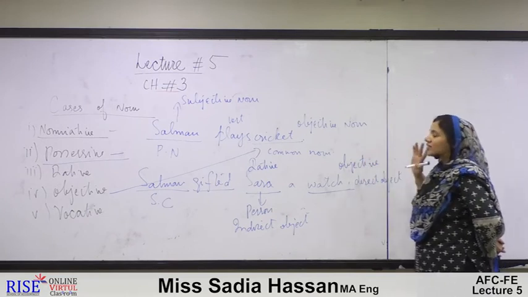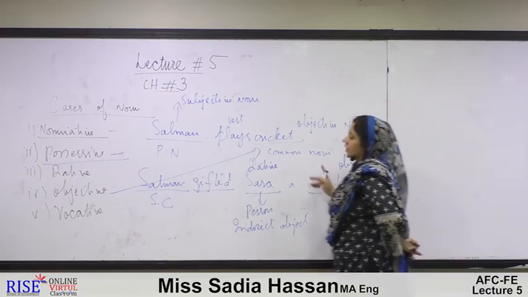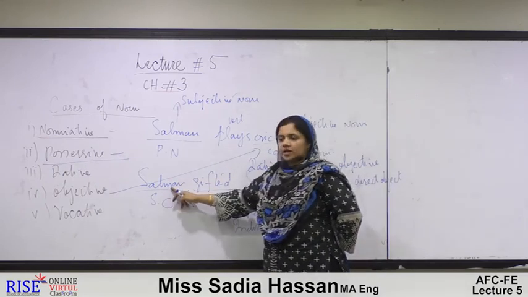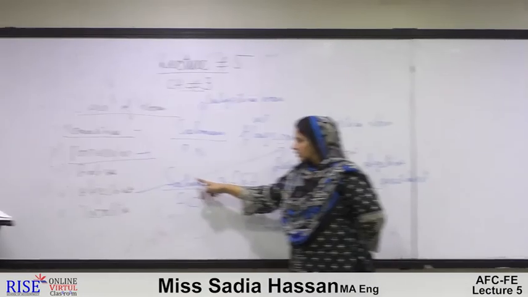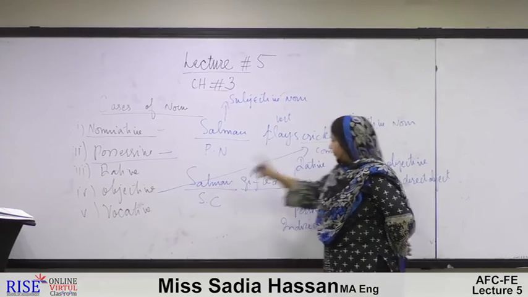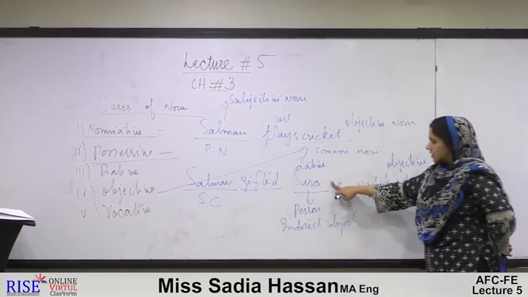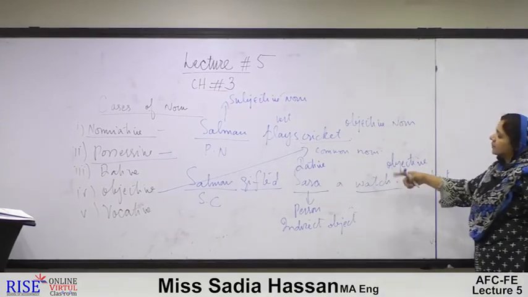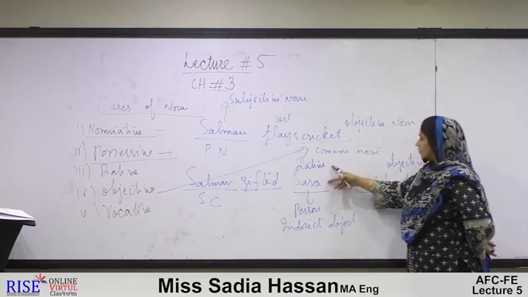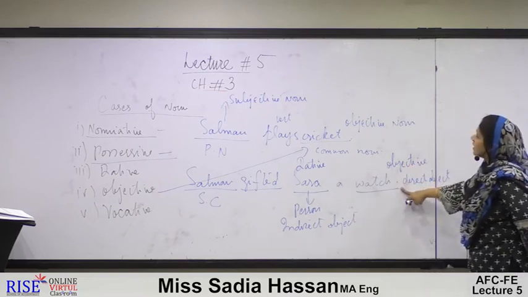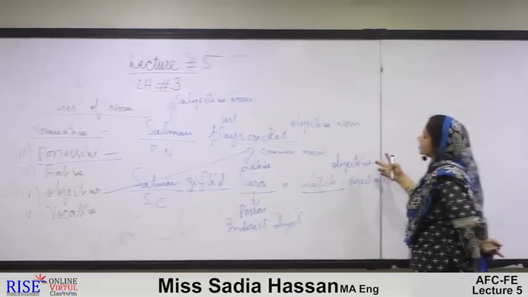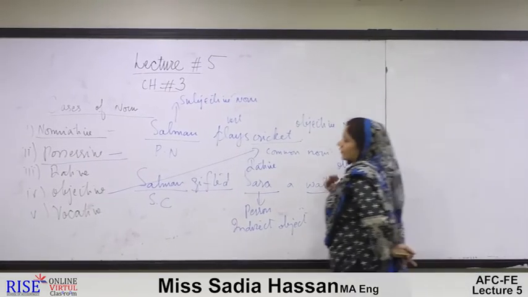So there are three nouns in the sentence. Salman is a proper noun representing the nominative case. Sarah is a proper noun representing the dative case of a noun, and watch is a common noun representing the objective case of a noun.